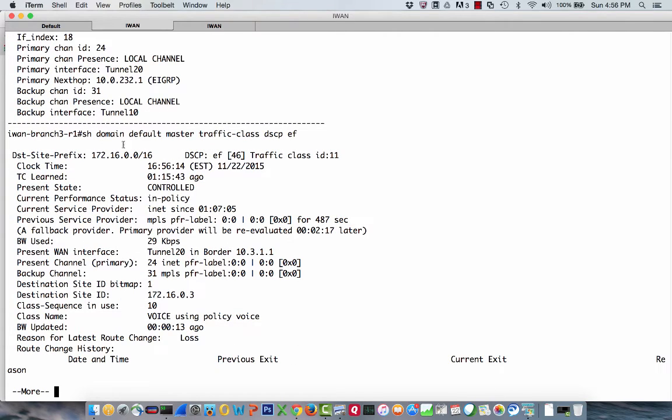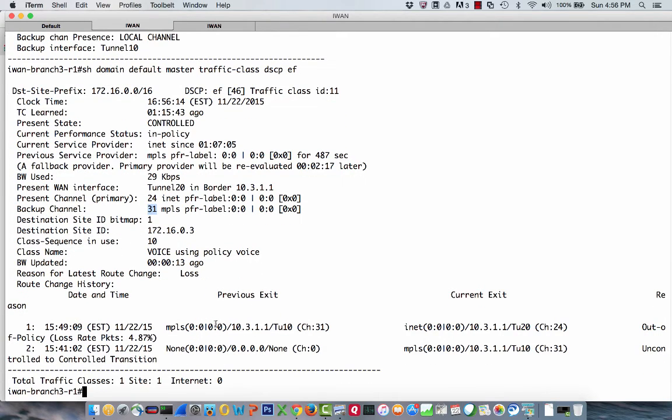This is another way of looking at it. This is specifically the PFR v3, the intelligent path control, traffic class 11. We are going out present channel 24, and we are going out the INET, which is right here, and our backup channel is right here.